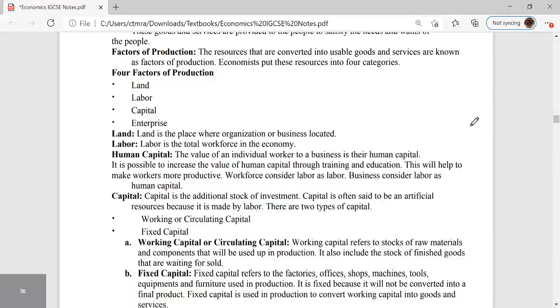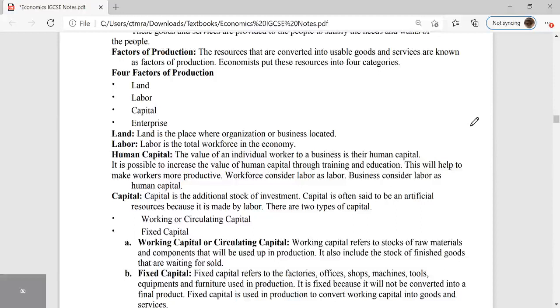Land includes all kinds of natural resources, including forest, the pond, sea, everything. And labor includes all kinds of workers. It can be physical worker or mental worker. These are known as human capital. Capital includes all kinds of artificial or man-made resources. There are basically two types of capital: working capital and fixed capital.